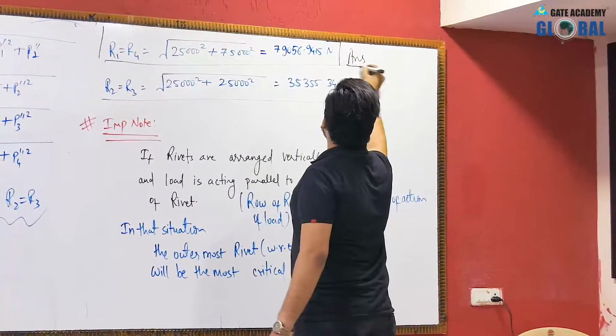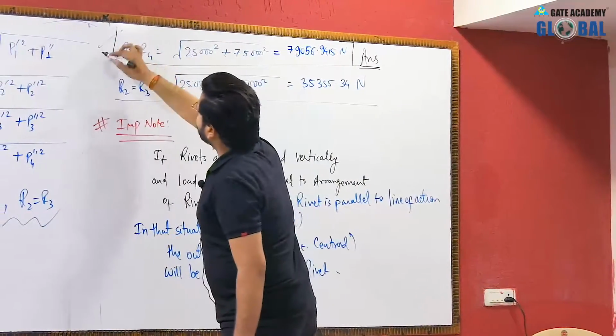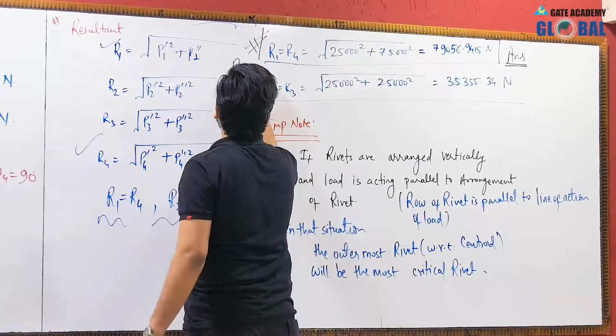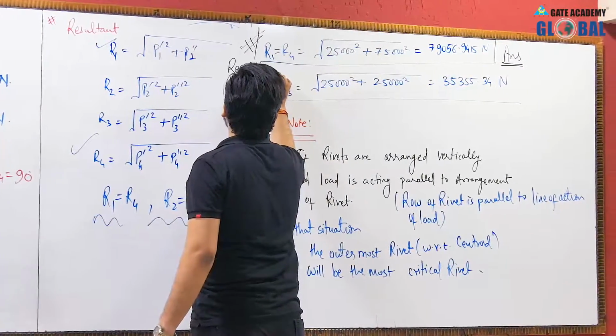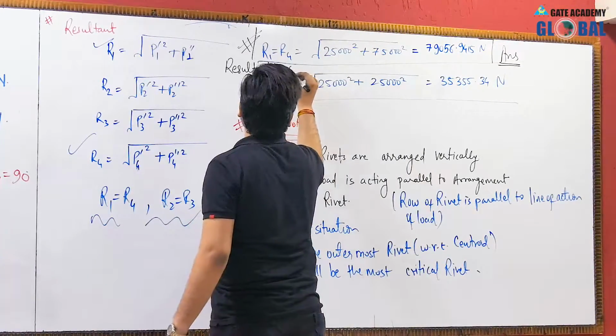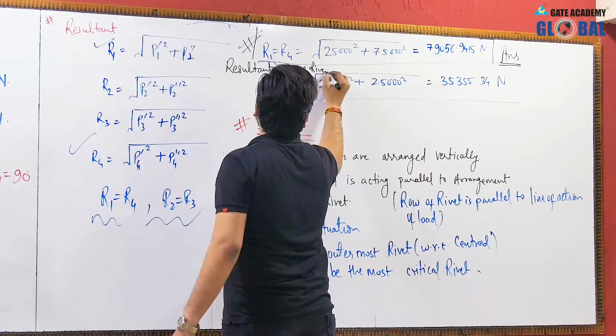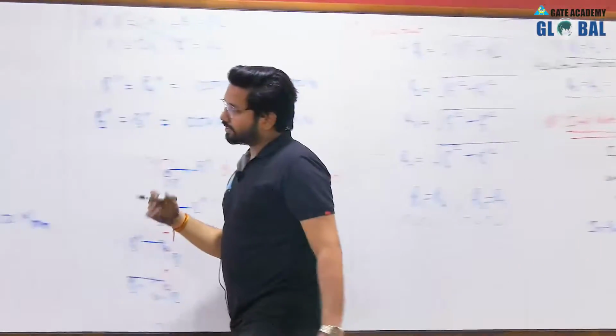So this is your answer. This is the resultant in the critical rivet. So this will be your answer. Now let us see another example.